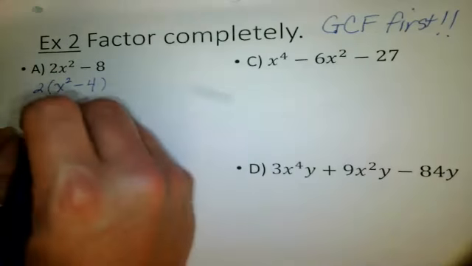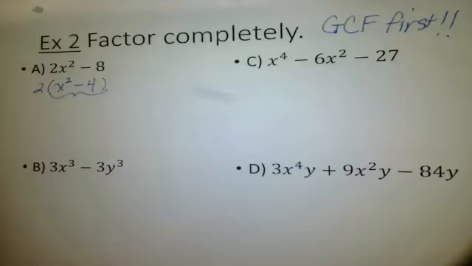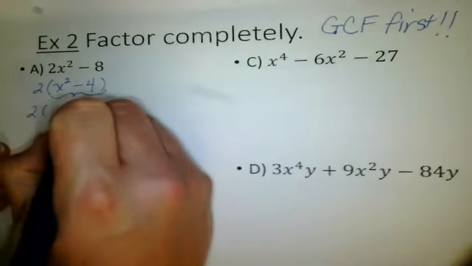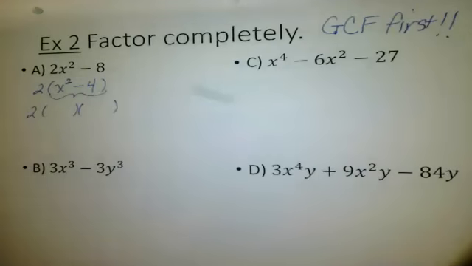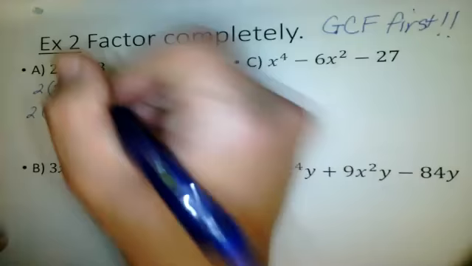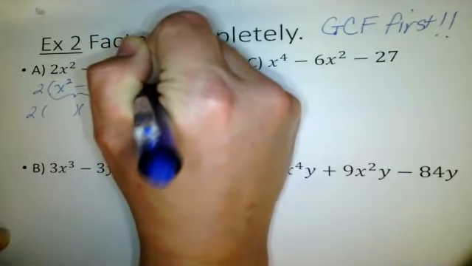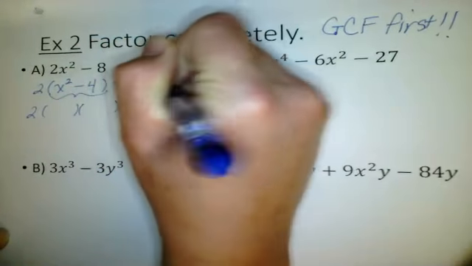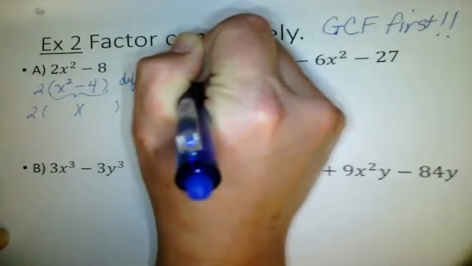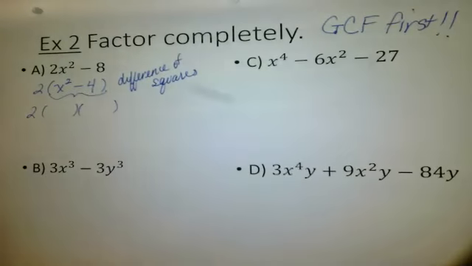Very good. And then, what can we do with x squared minus 4? It double bubbles. This is difference of squares, but it factors the double bubble way.